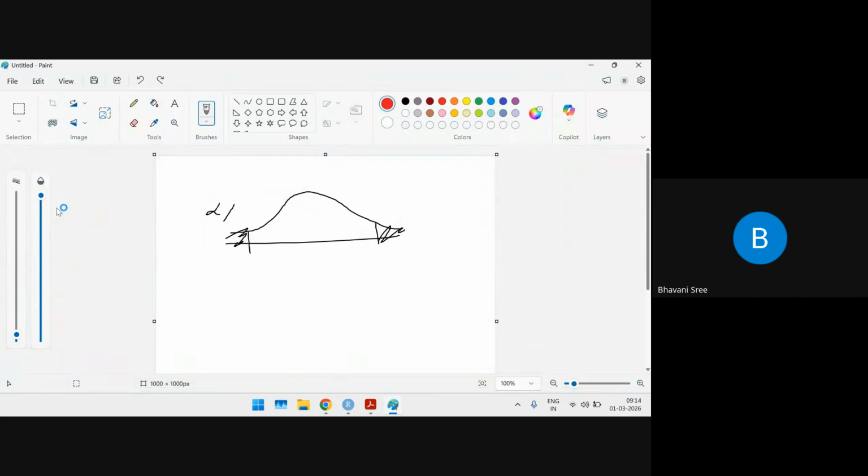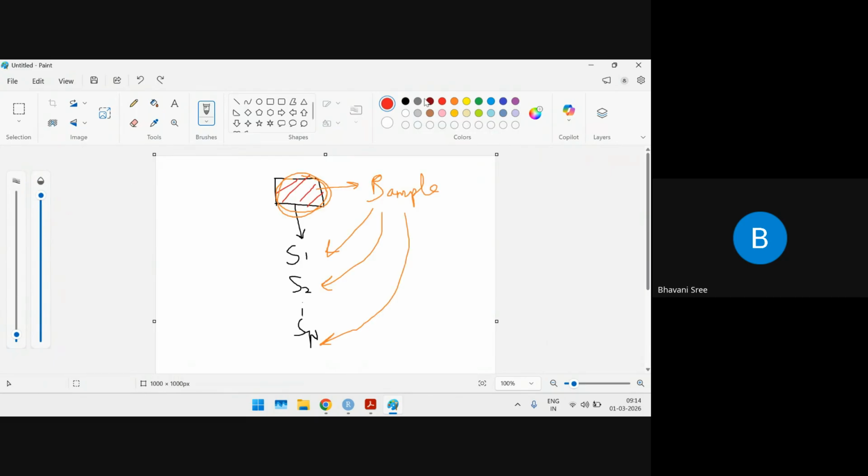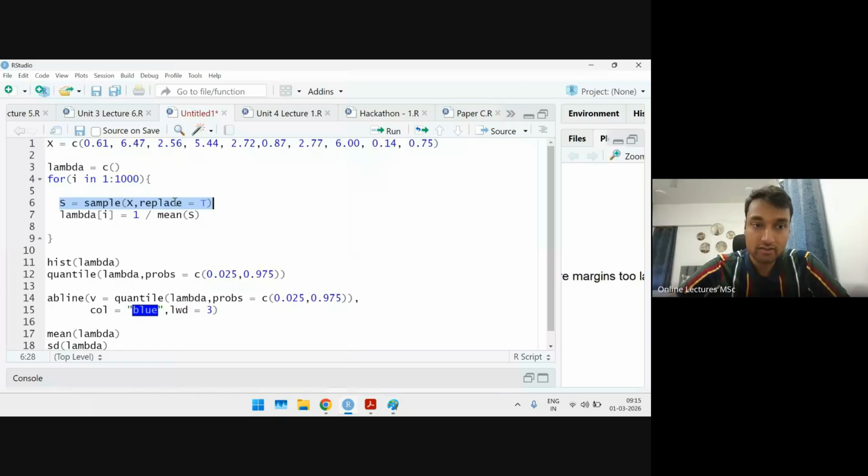But in parametric, we will not use sample, but instead use any function like rnorm, or some random function. Yes, absolutely on point.